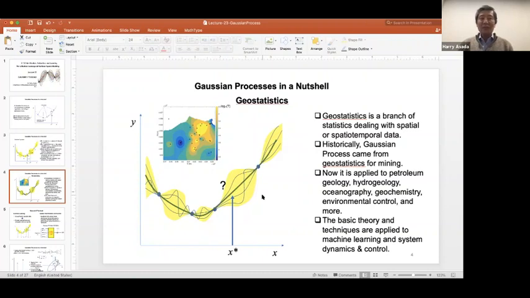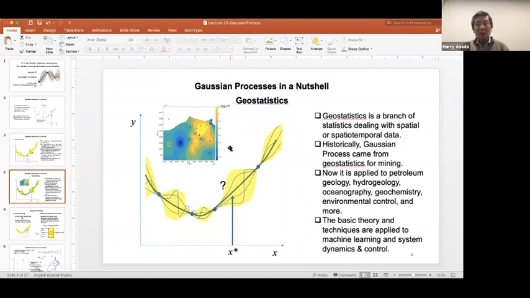This is the kind of thing done in so-called petroleum geology and hydrogeology. Even more interesting is going to 2D, as in this case. It's not just a one-directional distribution; we need to deal with a two-dimensional distribution, sometimes 3D, for instance in oceanography and environmental control programs, where we need to expand to this space.